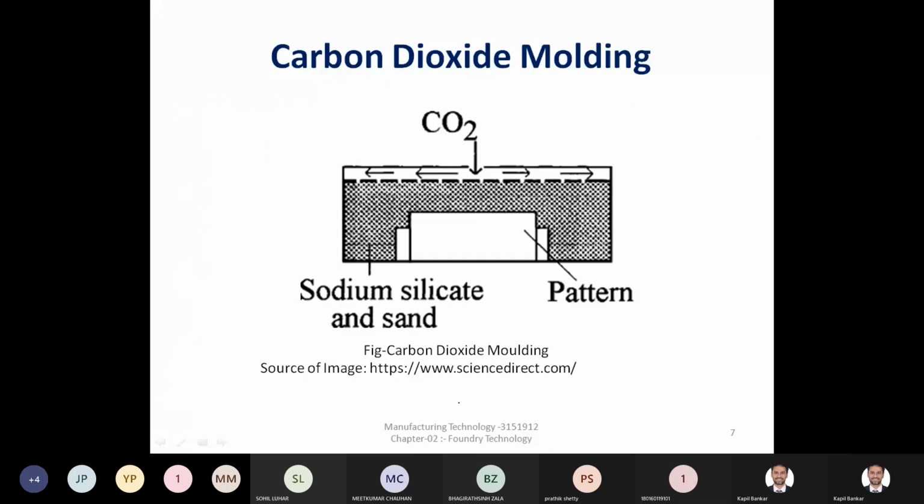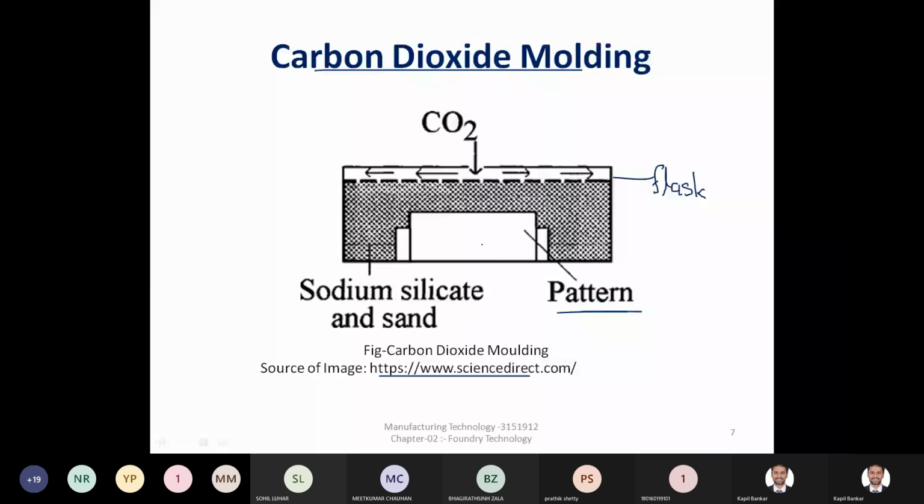This is an image that I have taken from a sciencedirect.com research paper. As I mentioned in the previous slide, there is a flask. This is your flask, and in the flask there is a pattern. This is your pattern, and it is surrounded by sodium silicate binder plus sand.